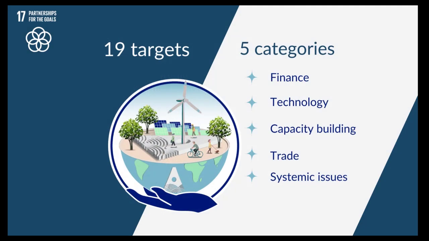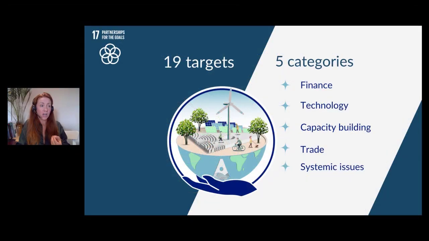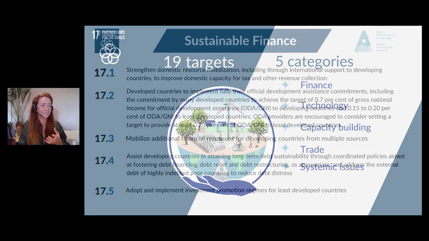The 19 targets are broadly considered and broken down into 5 particular categories, namely finance, technology, capacity building, trade and systemic issues. Now, John has already introduced these targets earlier in the module, so I won't articulate each target, but I would like to consider them from a thematic point of view, just to simplify them conceptually a little.